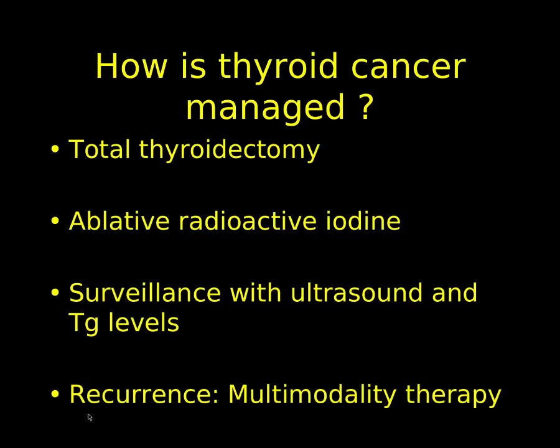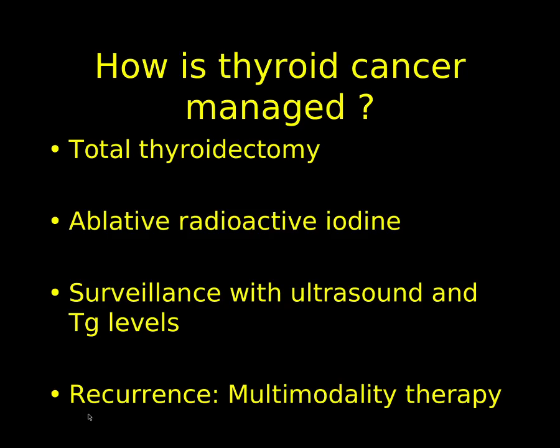At 6 months we can get a very sensitive thyroglobulin level, because now all remaining thyroglobulin produced by the natural thyroid gland should have worn away, should have been metabolized. So a thyroglobulin level at 6 months should be very indicative of any underlying disease which is present, and hopefully will be zero. We also perform a neck ultrasound at 6 months.